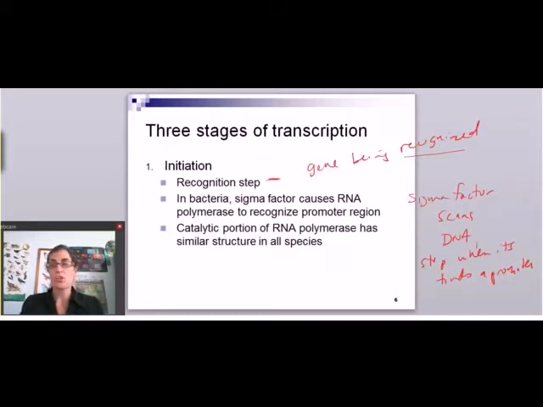So if you imagine your DNA as like a pen or something, and my fingers are sigma factor, it's scanning along the DNA looking for the right sequence. And again, the right sequence is a promoter sequence. So it moves along and it scans. When it finds the promoter, it stops, and once it is attached to that promoter, it's going to recruit RNA polymerase.